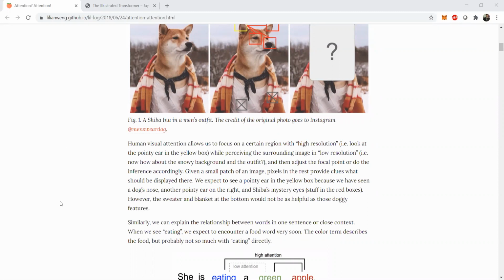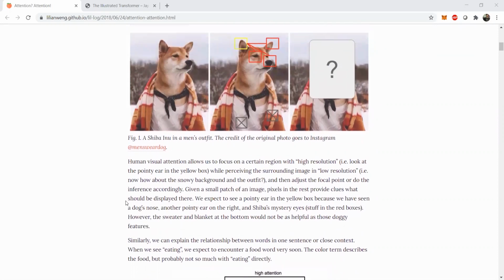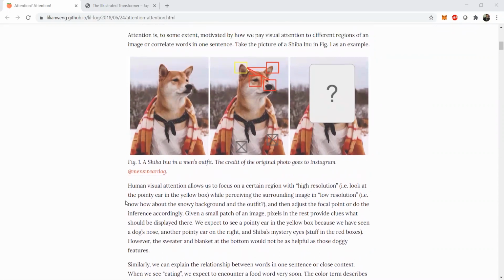So before we start discussing attention, the most important thing is that the concept comes from computer vision models. In computer vision, when we are trying to analyze a particular image, in this case, we have a picture of a dog who is apparently wearing a coat in winter. If you want to understand what is the color of this inner sweater, which is white, and what is the color of the coat that is on the dog, it is a cluster of different colors.